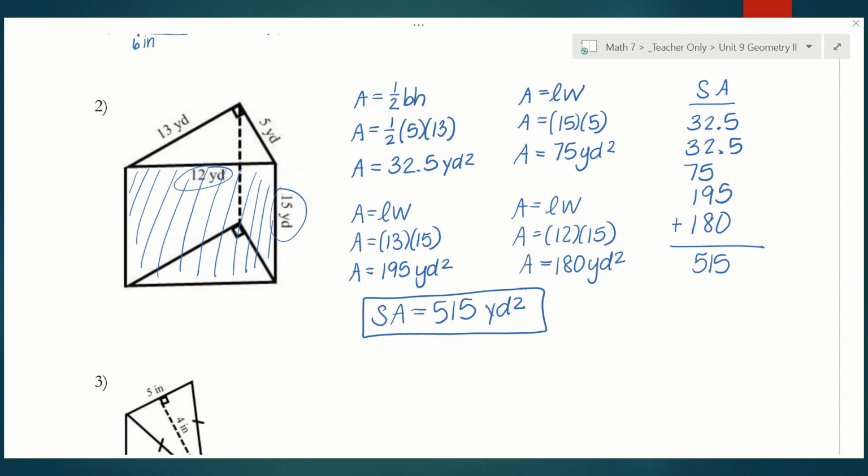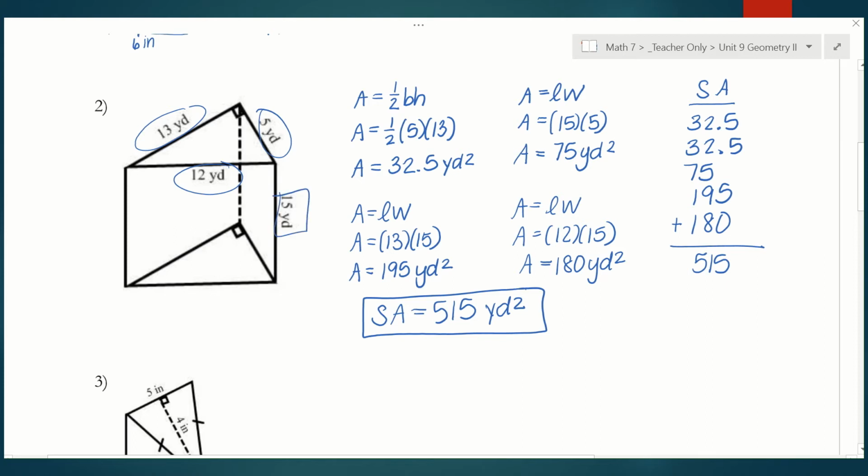And so one thing that I usually say to kids, and this might help, is if you look at the sides of your triangle, so 13, 12, and 5, your 3 rectangles, those are the widths of them. So we had one rectangle that was 5 by 15. We had one that was 12 by 15 and one that was 13 by 15.